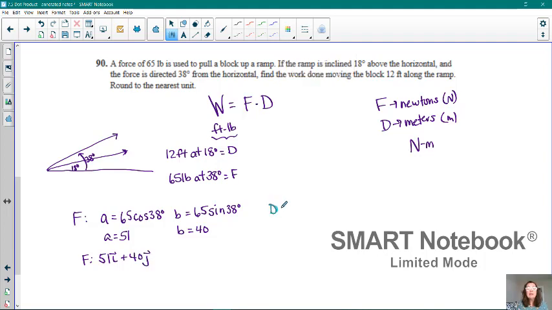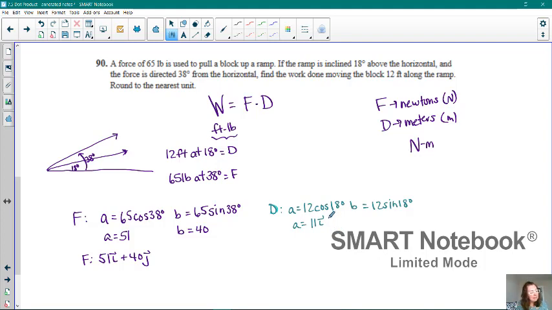Next we have our displacement vector. Our horizontal component for it will be the magnitude times the cosine of its angle. Its vertical component will be the magnitude times the sine of its angle. So A in the displacement vector is equal to 11. I wrote 11.4, but it says the nearest unit, so we'll stick with that.